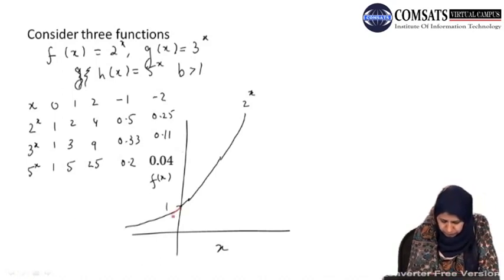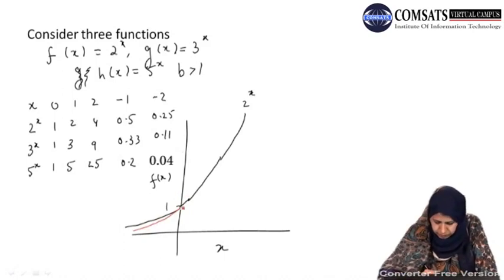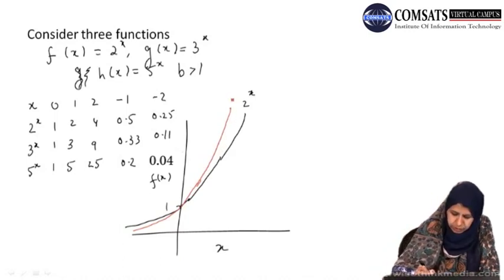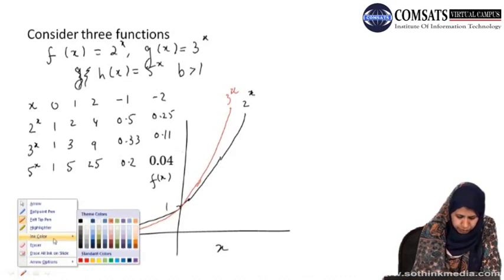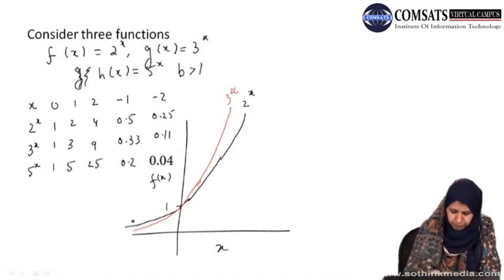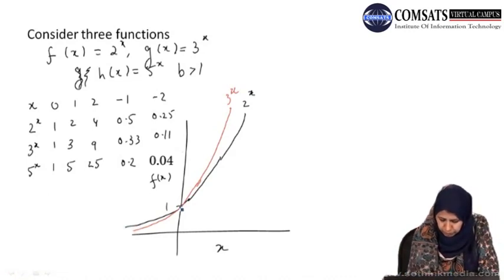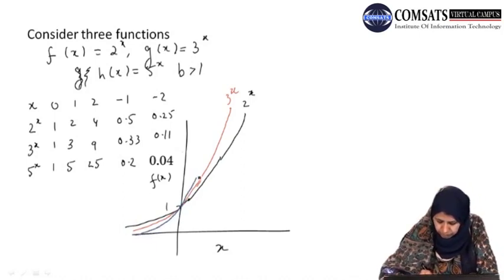Okay, this is somewhat like this and a bit steeper than 2 to the power x. And now the graph of 5 to the power x, which also passes through 0, 1 and continues in this way.